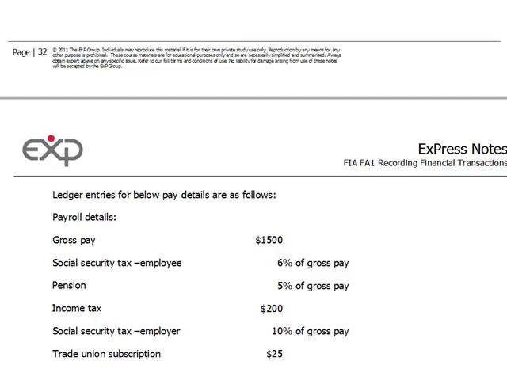Let's assume there is an employee with a gross salary of $1,500. On that salary, or within that salary, there will be a social security tax of 6% of that, which will be $90.